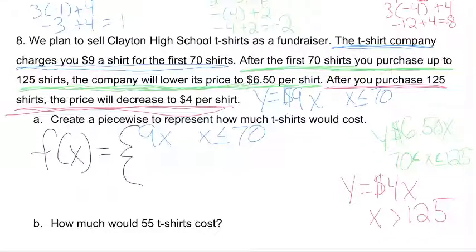Then we have 6.5 times the number of shirts when x is greater than 70 and less than or equal to 125. Then lastly, when we have purchased over 125, it is $4 times our number of shirts when x is greater than 125.